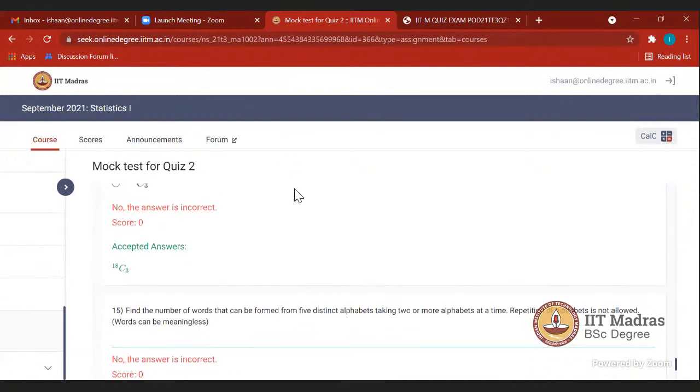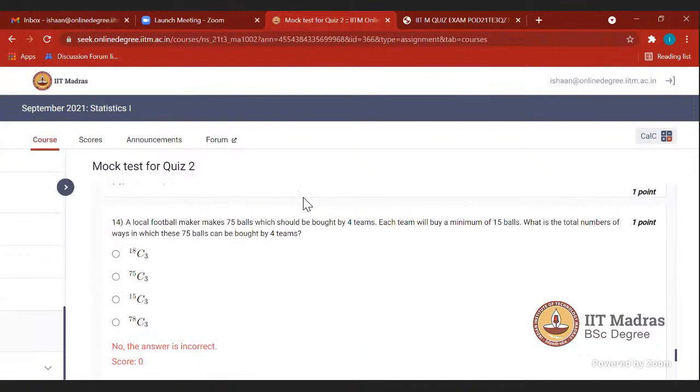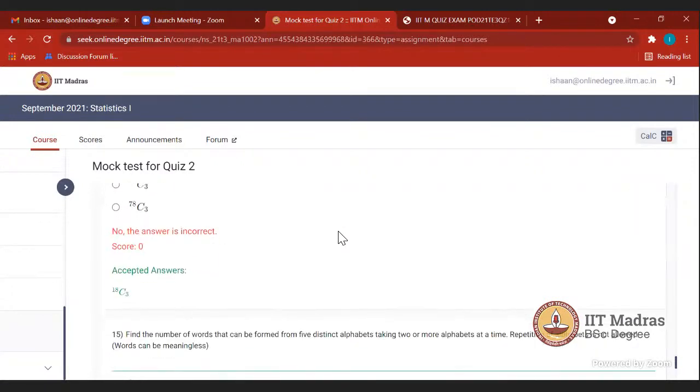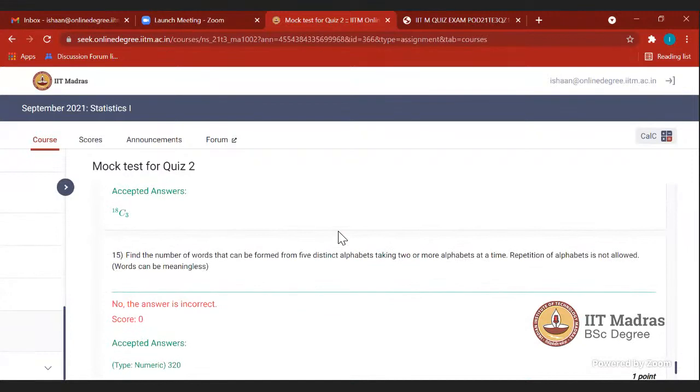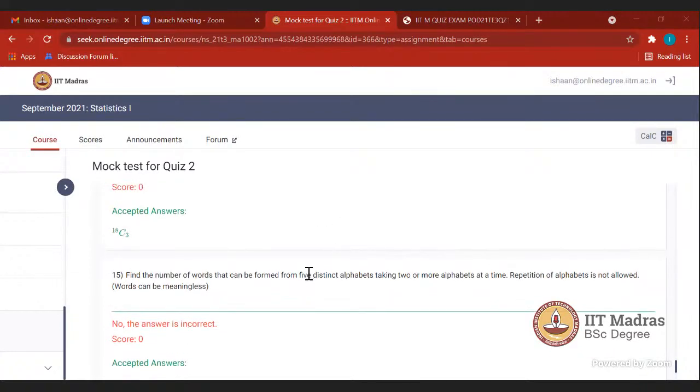Okay, 14th question, let's do it. What are the total number of ways? So one doubt for 15. The question says find the number of words that can be formed from 5 distinct alphabets. So first, do we have to select those 5 alphabets from the 26 alphabets? No. You have just 5 distinct alphabets, it is given that you have to do that from 5.